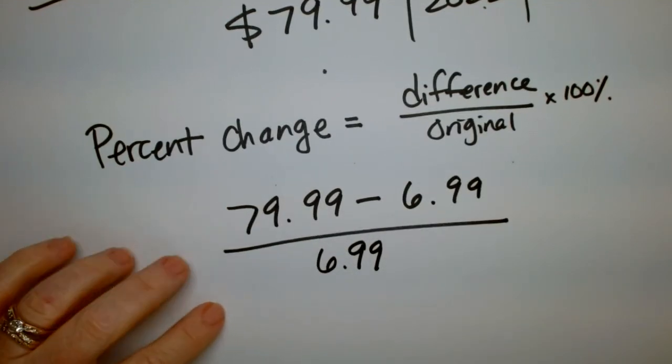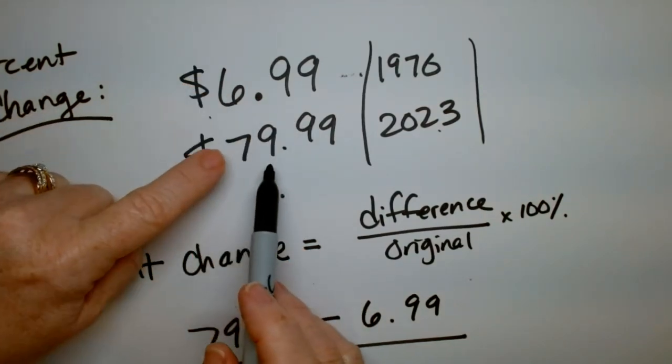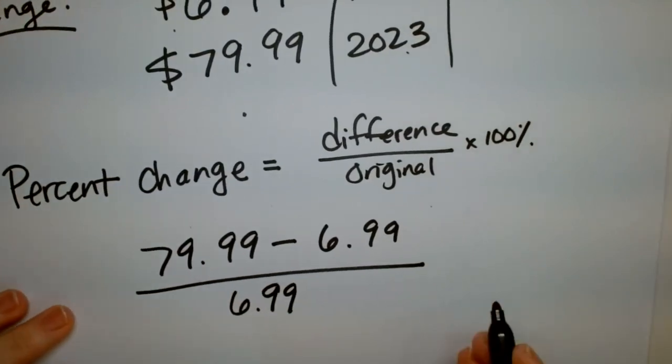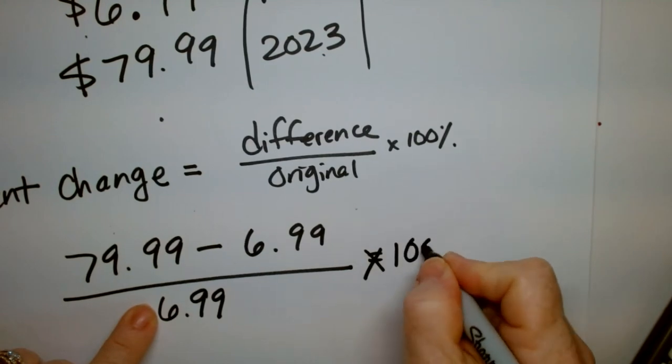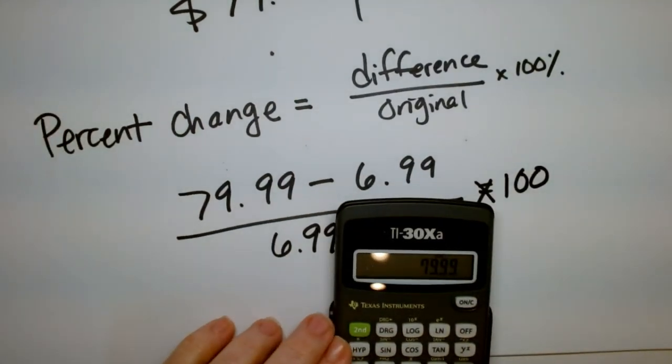So for the percent change, you have to anchor down one of these points. Then versus now, you have to anchor down the then. That's what goes on the bottom. Okay? And we're going to multiply by 100 here. So $79.99 minus $6.99 divided by $6.99 times 100.